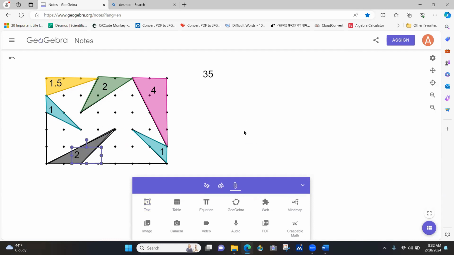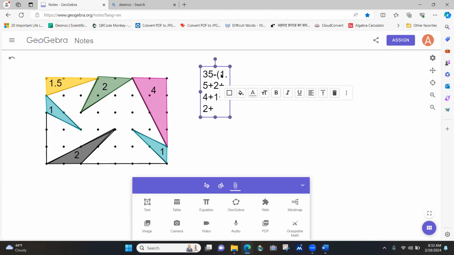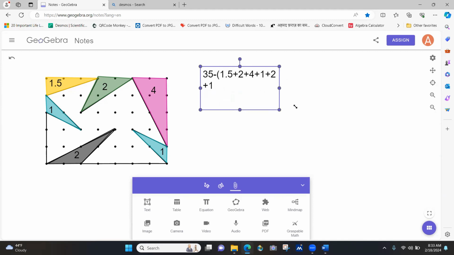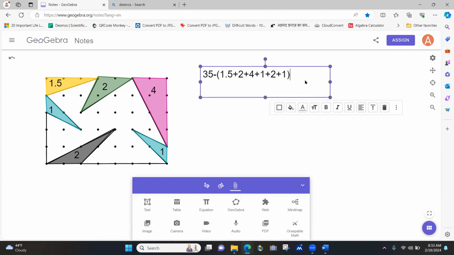Now, I am supposed to subtract all these areas from 35. What do I get? 35 minus 1.5, 4, 2, 2, 1, 1, 2, 2.